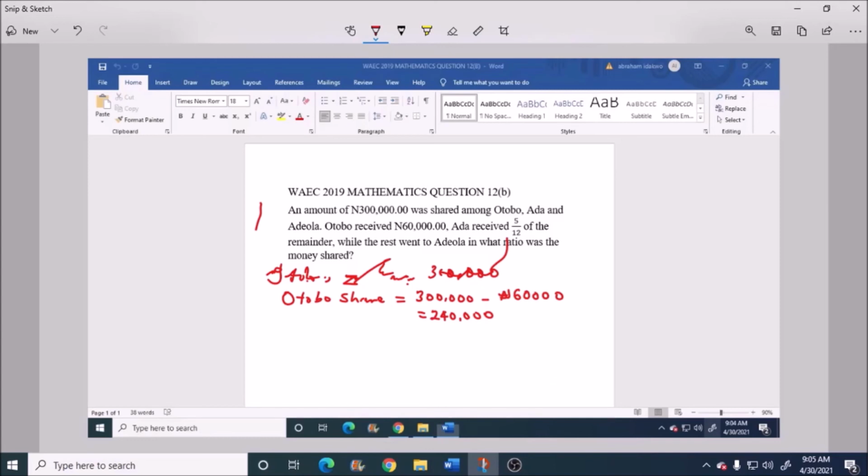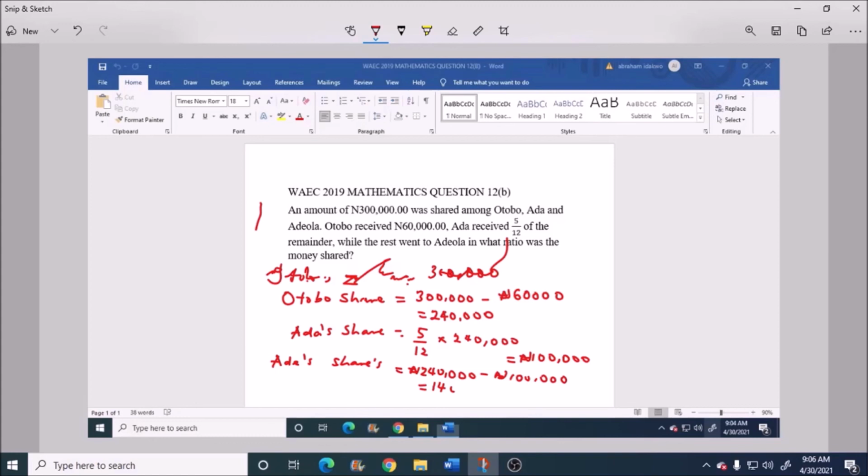Now Adiola's share is equal to 240,000 minus 100,000. This will give us a balance of 140,000, and that is Adiola's share.